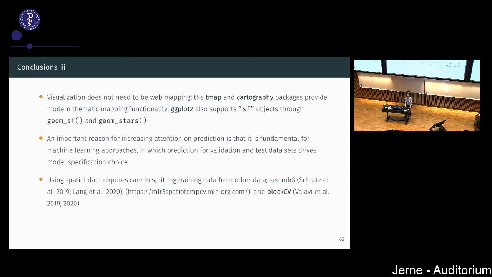A possible takeaway for those of you who do not do spatial data, or do not think that you do spatial data but do machine learning, is work very recently. Again, this is enabled by having classes for spatial data and R and machine learning all in the same thing, so that there are useful papers by Patrick Schratz in relation to mlr and mlr3 and the blockCV package for showing how you can handle the existence of spatial autocorrelation in data sets where you're subsetting to get a training set.